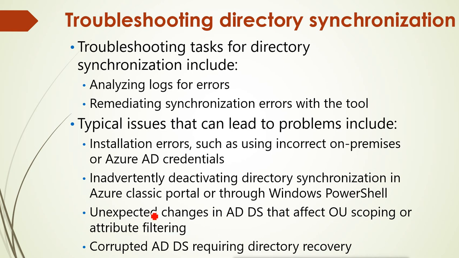Suppose you change something in your local Active Directory Domain Services which affects the filtering feature. Like you have configured filtering so that certain attributes should be synchronized, and then you suddenly change something that affects those attributes.